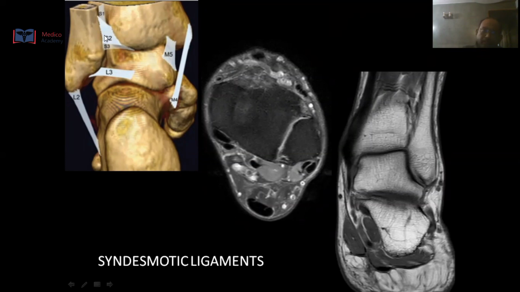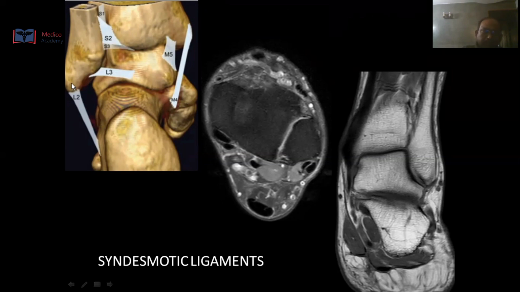And then there are other two ligaments which are commonly seen in the MRI: the posterior tibiofibular ligament. So this is the tibiofibular ligament. Similarly, there is the posterior talofibular ligament, which I have already shown in the previous slide.